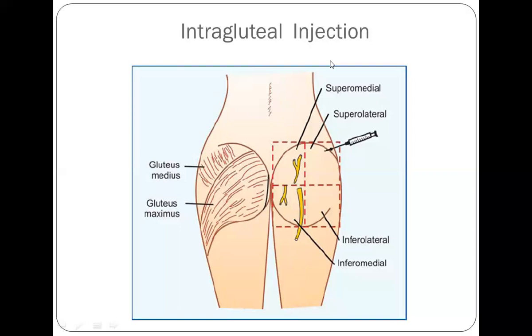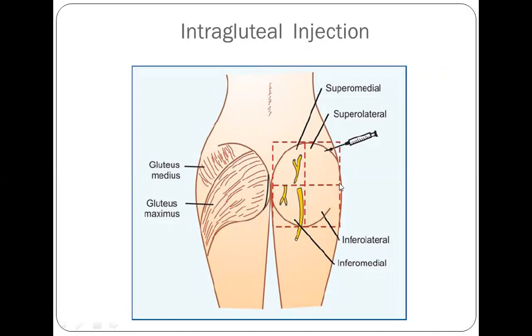That's very important because we learned so much about gluteus maximus. We might say the answer is gluteus maximus, but actually it is gluteus medius. So when giving the intragluteal injection, you have to divide the gluteal region into 4 quadrants.